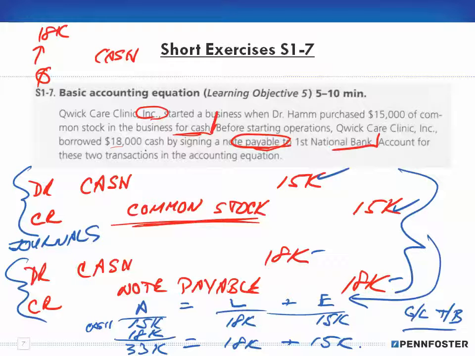Now, if you had looked at the answers, you'll see something similar to what I have on the screen here. Obviously you don't see these journal entries, but remember that was what I was thinking about while I was reading the problem. And this portion here is kind of like what you see in the answers.